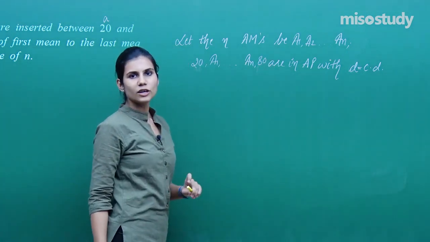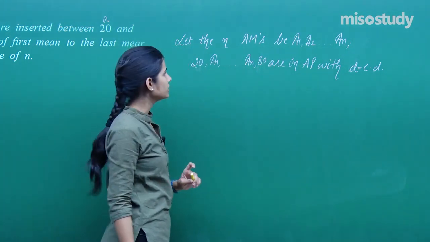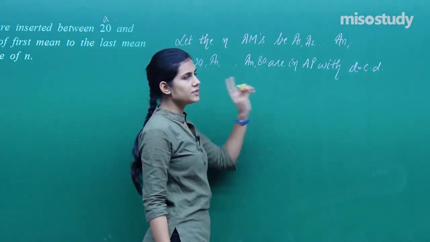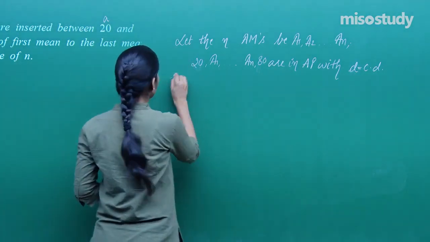This is a sequence which is an arithmetic progression. First term is 20, common difference is denoted by D.